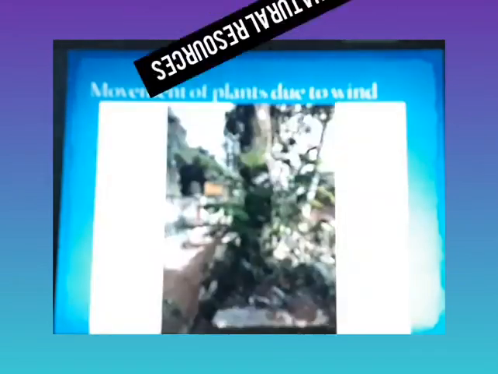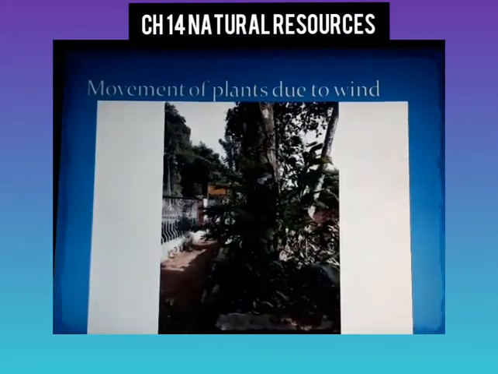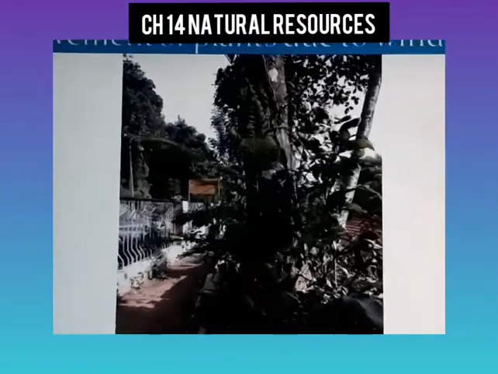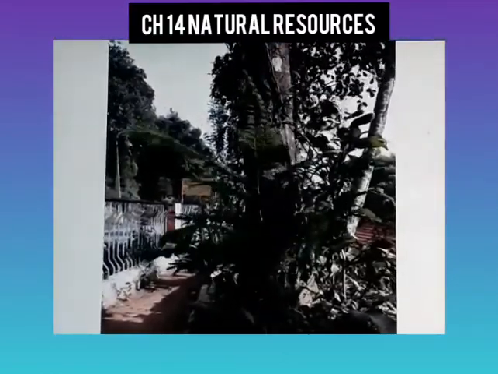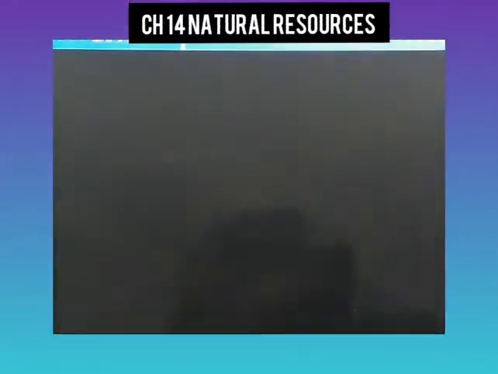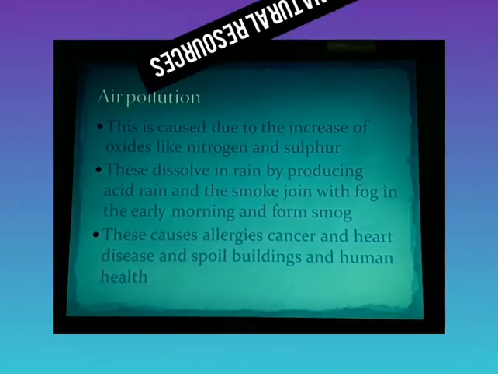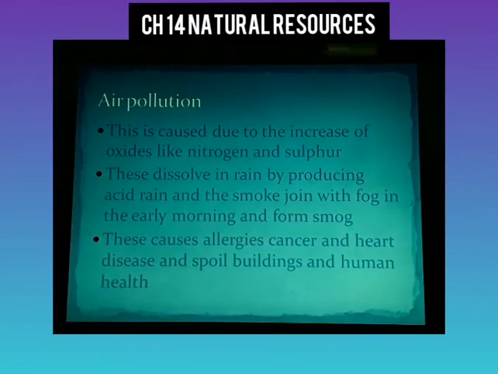Movement of plants due to wind. Here you can see the plant shaking due to the wind, which gives a force to the plant.